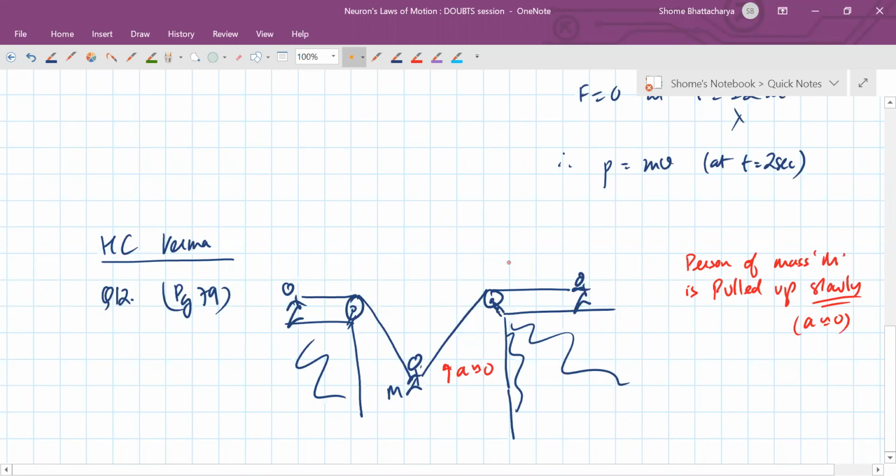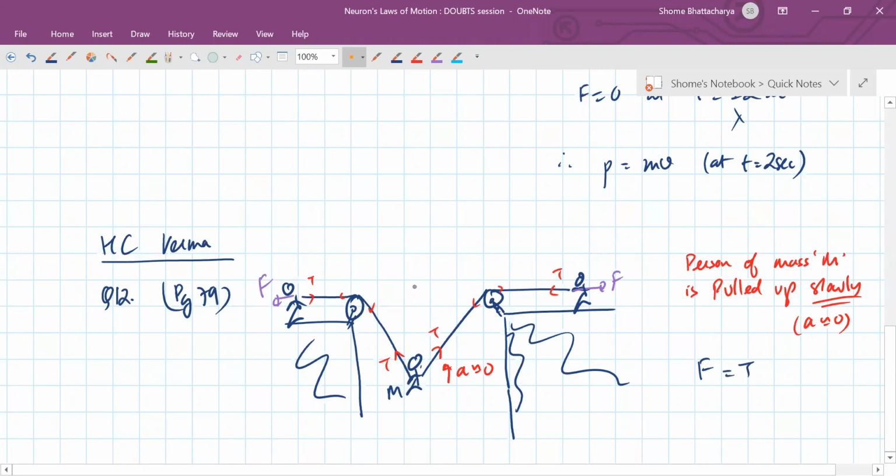That means the net force on his body should be zero. These guys are applying some kind of force on the rope, equal from both sides because the thing is symmetrical. So the amount of force they are applying is equal to the tension in the string.